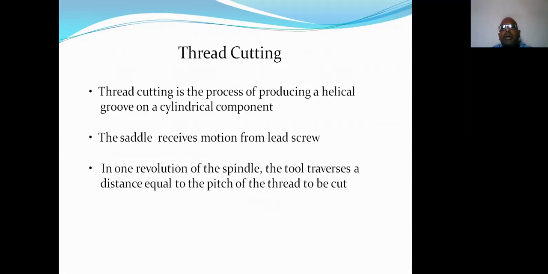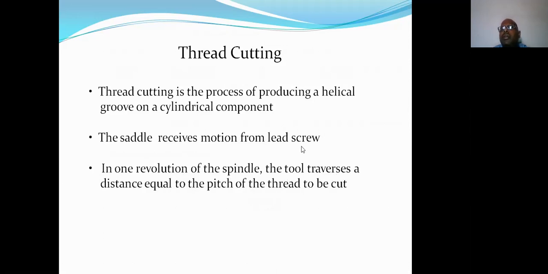So in this particular one, the lead screw rotates in such a way that for one revolution of the spindle, the tool should travel a distance equal to the pitch of the thread to be cut.